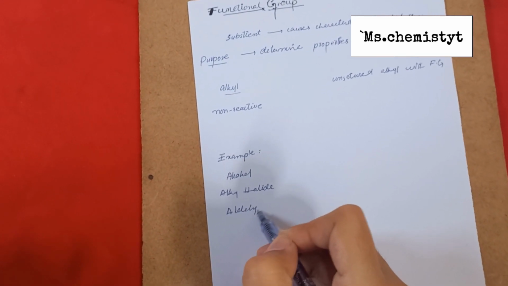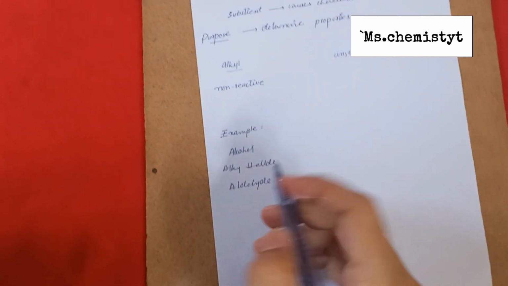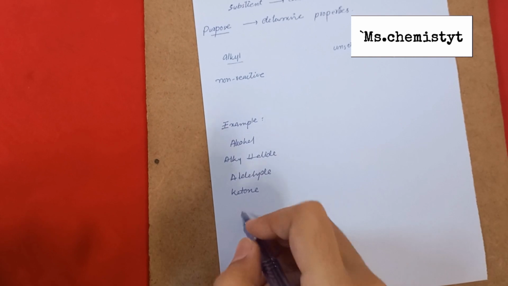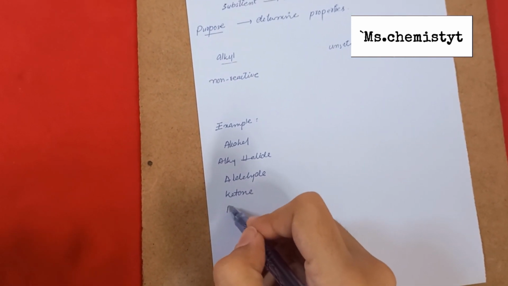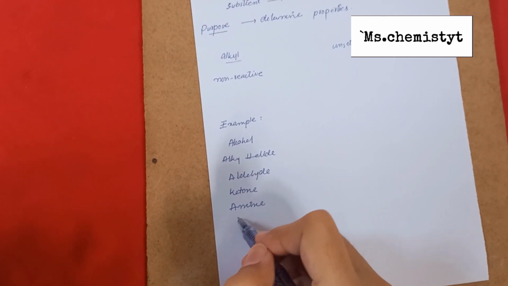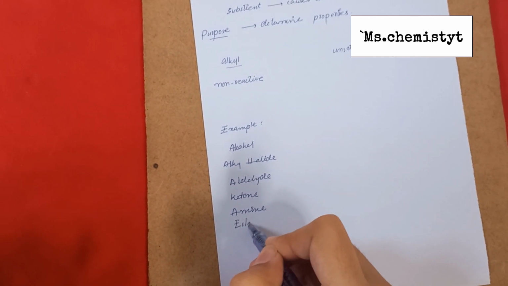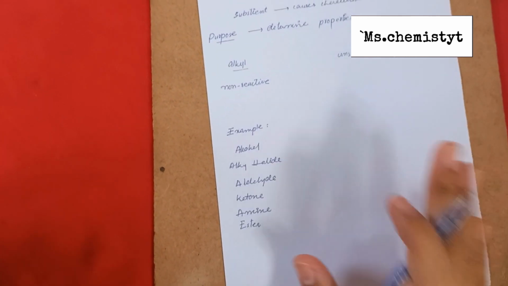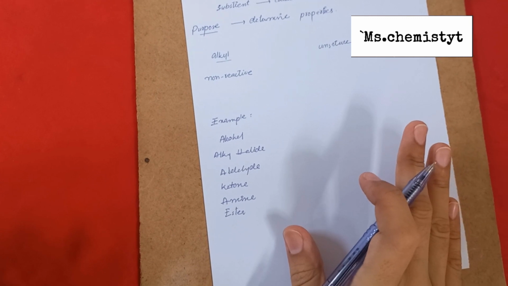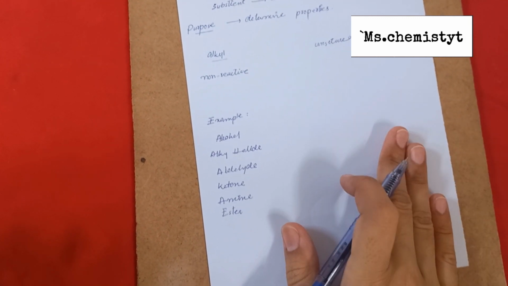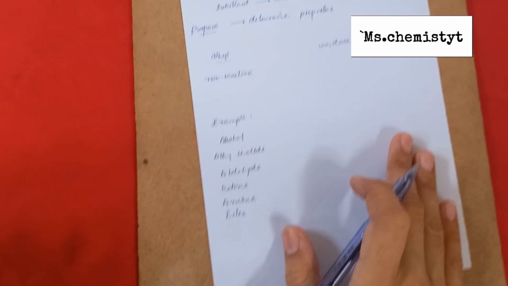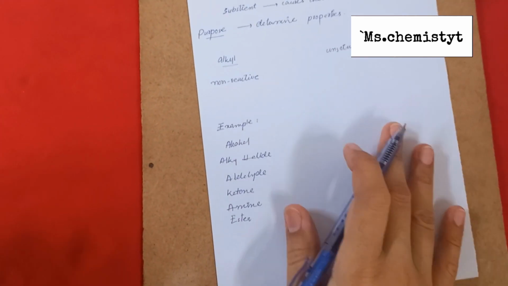These are types of functional groups, and also ketone and amine. There are ester, ether, nitrile, sulfide, thiol, and carboxylic acid, the acid halide, the acid anhydride, and so on. So these are the examples of the functional group.